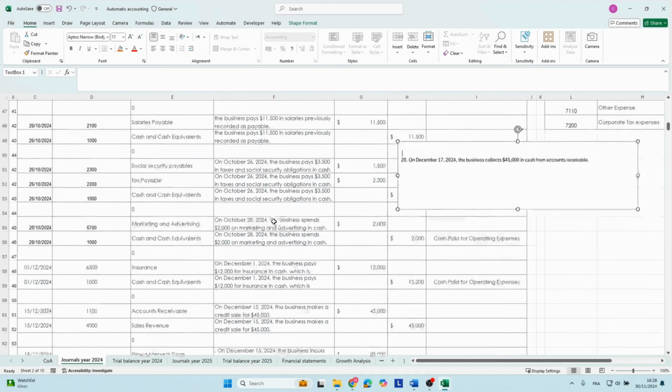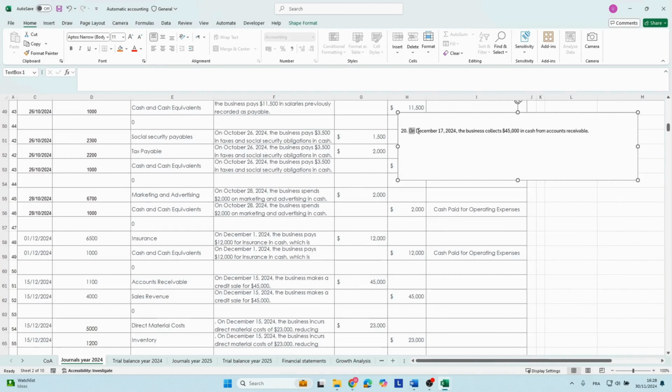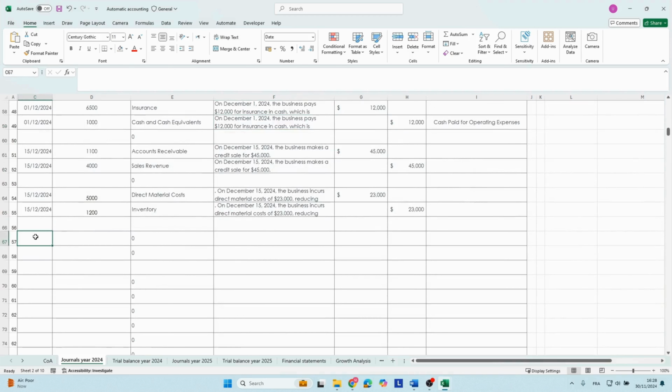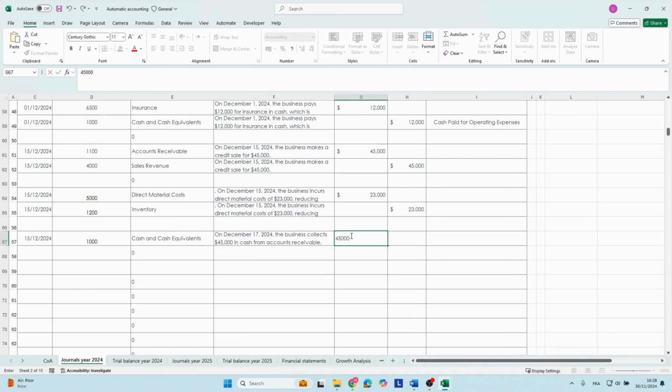Now we have only one transaction left before moving to the year-end, which is the collection of 45,000 from account receivable. Here our customer pays us 45,000. So we put the date, December. We have cash in because we receive money, the 45,000.